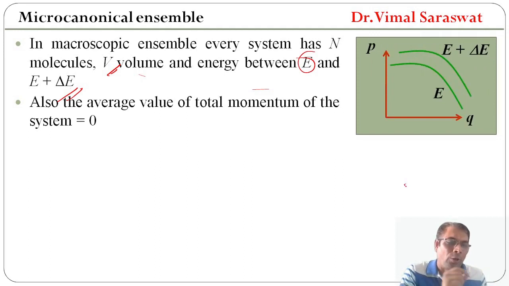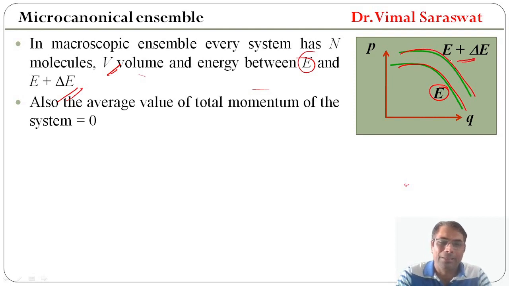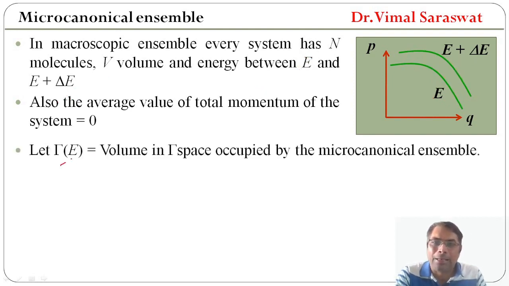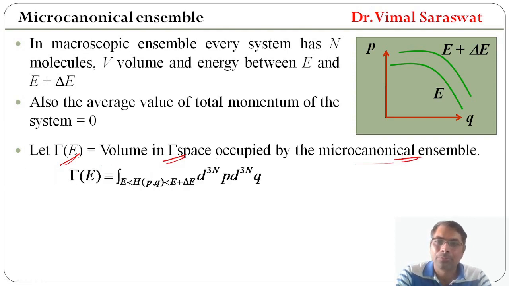Now here we are showing a two-dimensional phase space. We have two surfaces. This surface has energy E and this surface has energy E plus delta E. Let Gamma(E) represent the volume in gamma space occupied by the microcanonical ensemble, and this is equal to the integral over the region where E is less than H is less than E plus delta E, that is, the Hamiltonian lying between energy E and E plus delta E, d³p d³q.